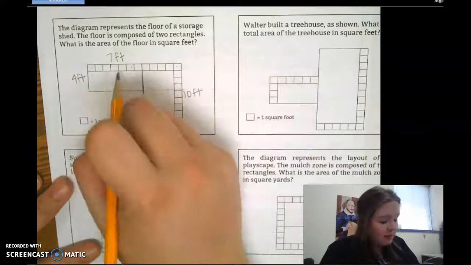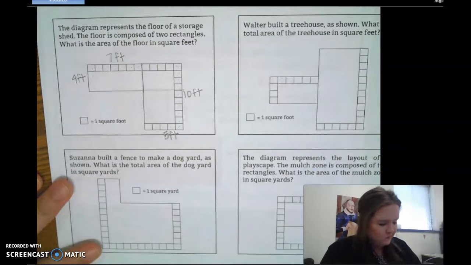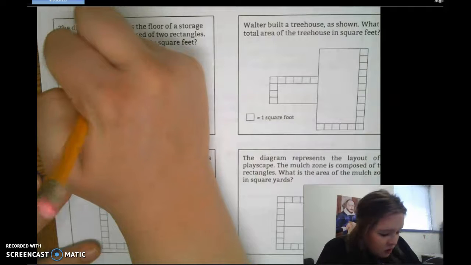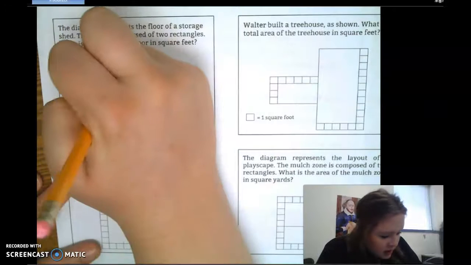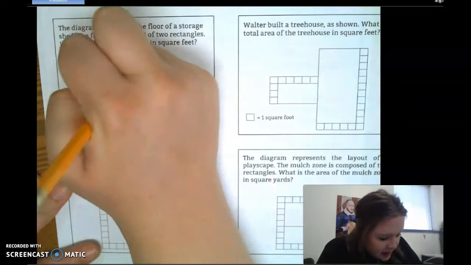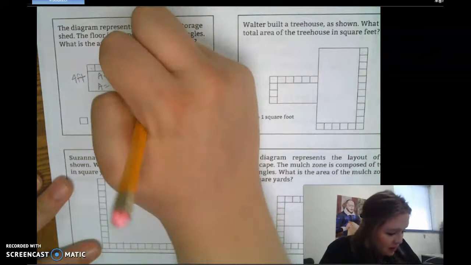So what am I going to be multiplying to find the area of this rectangle? Good. Area equals length times width. Area equals 7 times 4. Okay? And then what am I going to be multiplying here?